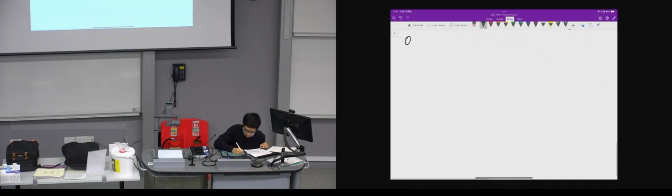Okay, so let's go to question 3. This is another tricky one. We have a reservoir with water, and we have a tube on the outside.